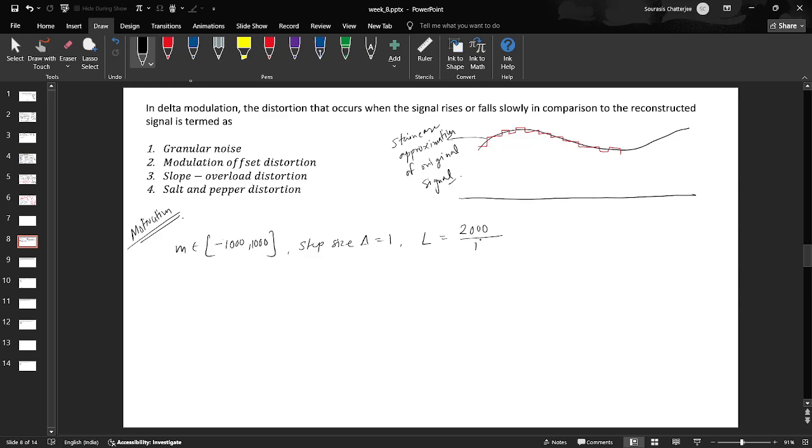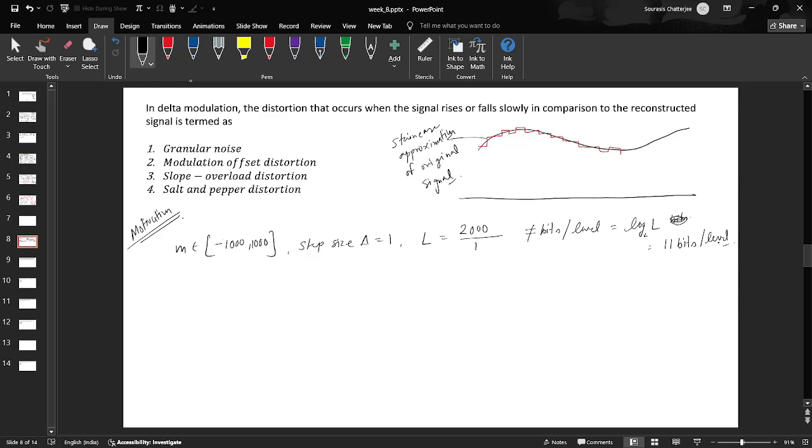Whenever you have 2000 levels, how many bits do you require for each level? The number of bits per level, as we have already talked about, is log base 2 of L bits, and you of course need to round it up to the next integer, which is around 11 bits. 11 bits per level.